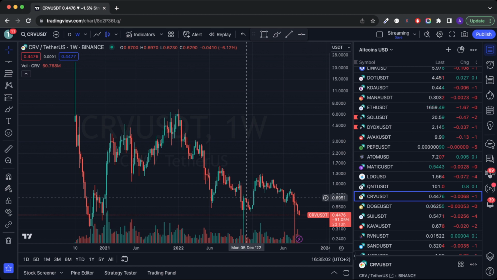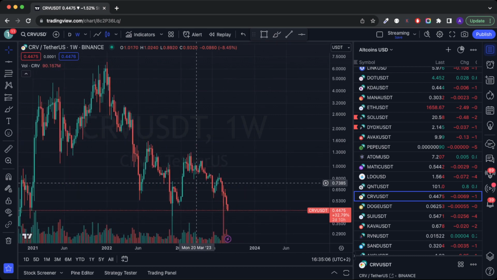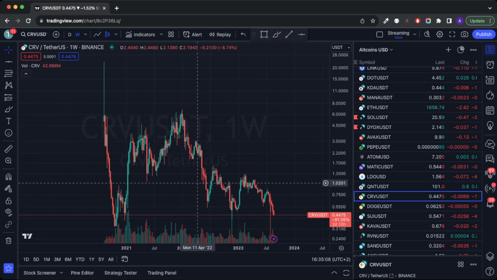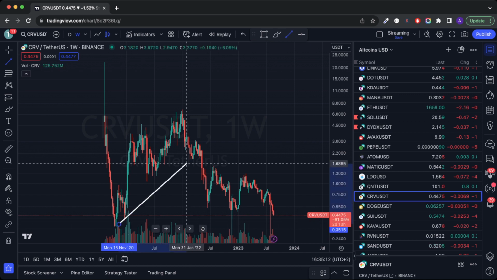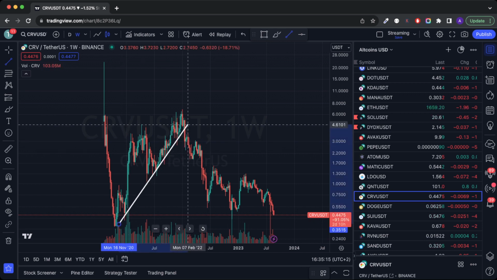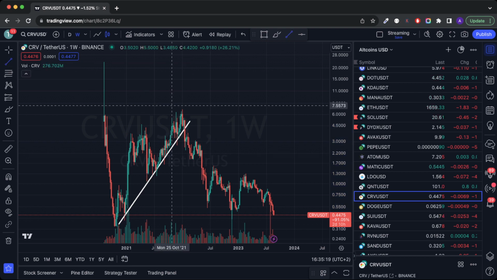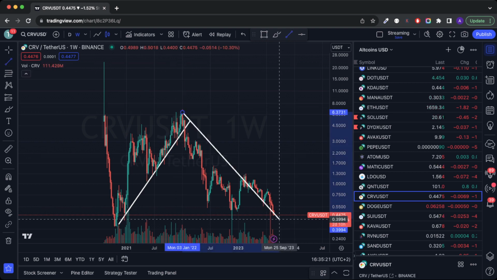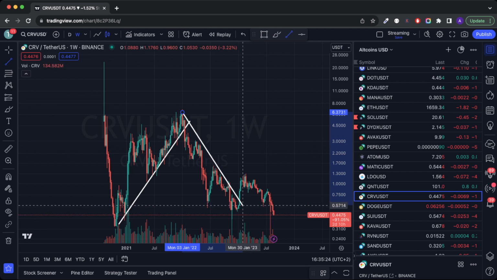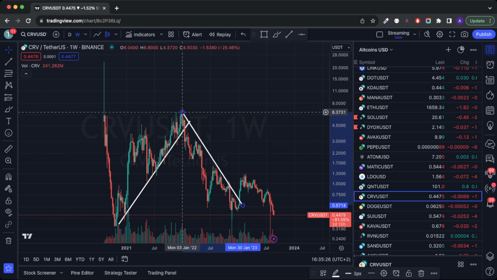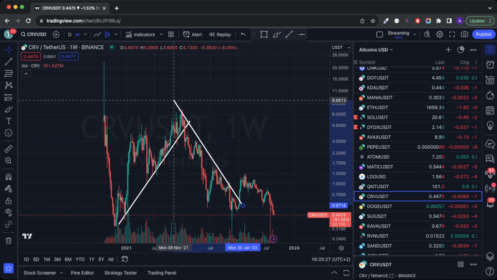So yeah, looking at what's happening inside Curve, I really don't like that. Even if technically it would look good, it doesn't. I'm just saying even if it would, I wouldn't be touching it. I had some Curve, I sold it. I don't like exposure to coins that have such Ponzi-nomics behind them. If someone owns half of the float, that's ridiculous.